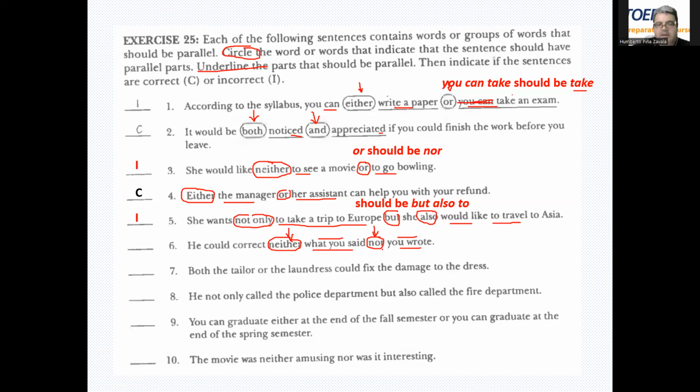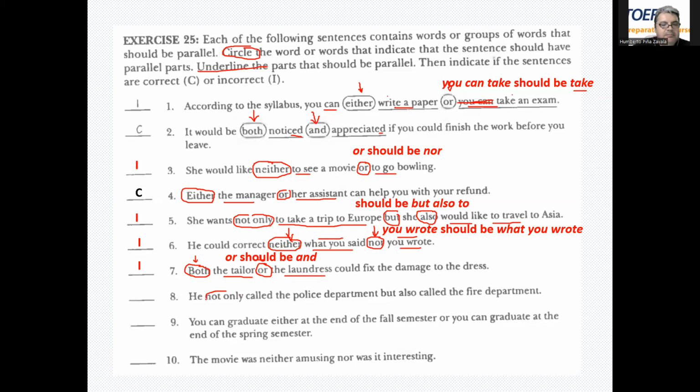We're missing one of those question words. So, you know, it should be what you wrote. You should correct neither what you said nor what you wrote. Okay, both the tailor or the laundress, tailor, the laundress, the two occupations, but both does not match or, it should be both and. It should be and. Both the tailor and the laundress do this for you.